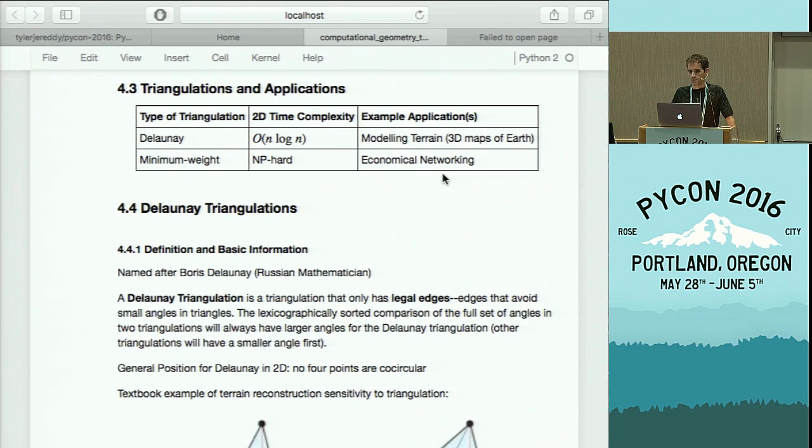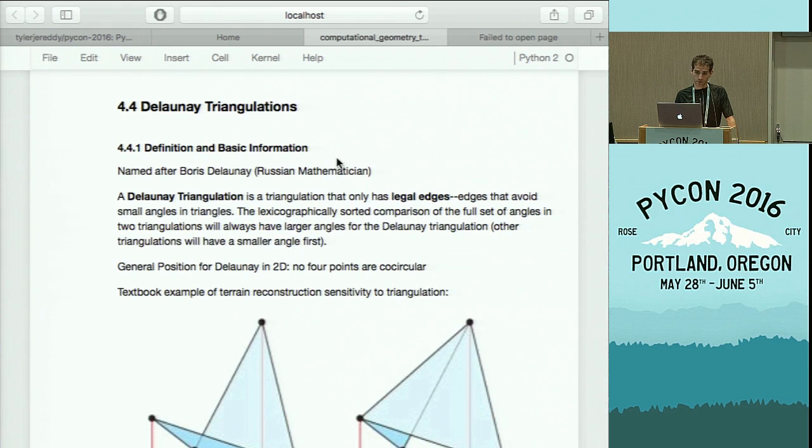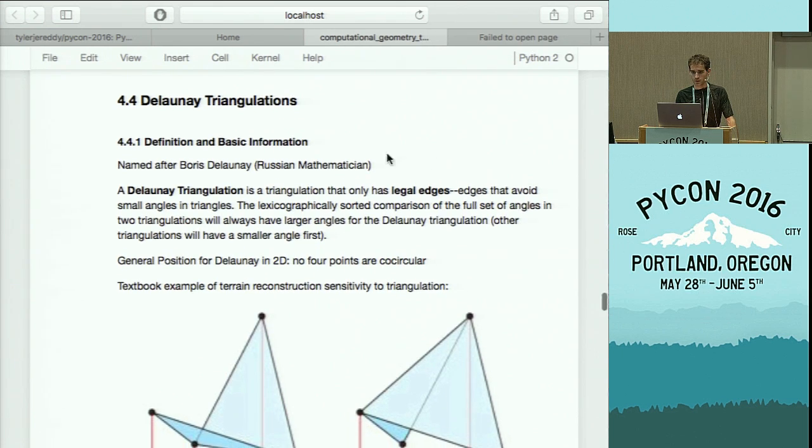So if you have really expensive connections between your nodes for whatever reason, you want to minimize the total length of connections. You'd want to triangulate in such a manner that the sum of all the Euclidean distances is minimized. It's actually NP hard, believe it or not. So we should definitely focus on Delaunay triangulations.